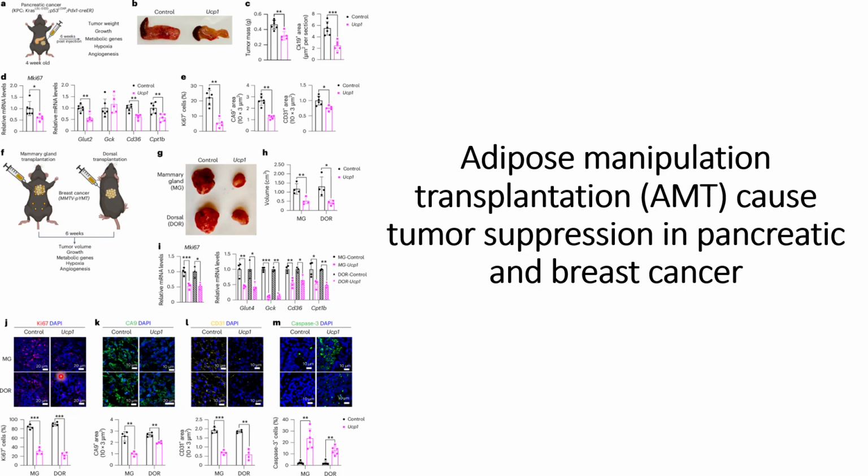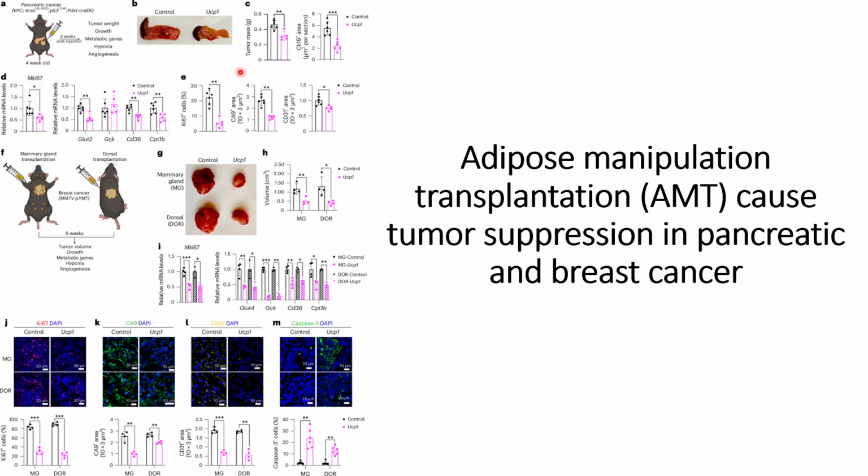You can see that with the co-transplanted adipose in which UCP1 is upregulated, there is a decrease in the Ki67 signals in both mammary gland and dorsal transplantations. The CA9 signals, the hypoxia signals, also go down compared to control. The CD31, for angiogenesis, also goes down, and the apoptotic factors go up in both cases, indicating that apoptosis is upregulated and tumor progression is suppressed.